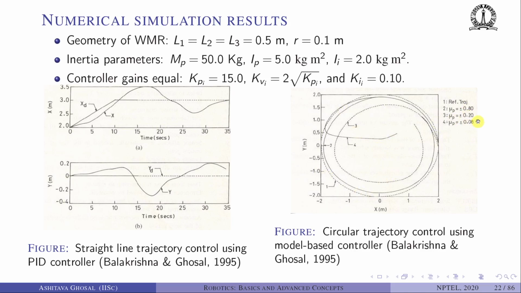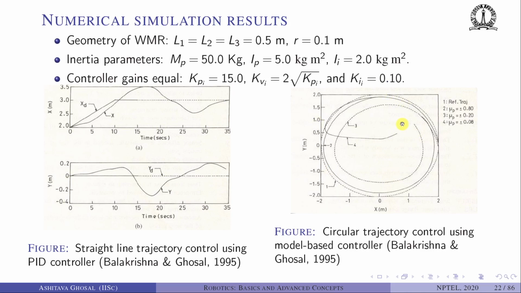3 is with 0.2, 4 is with 0.08, and the other one is with 0.8. So for a very large coefficient of adhesion or friction, it comes very close to the reference trajectory, which is a circle. Whereas as the friction coefficient reduces, we can see it deviates from the trajectory.